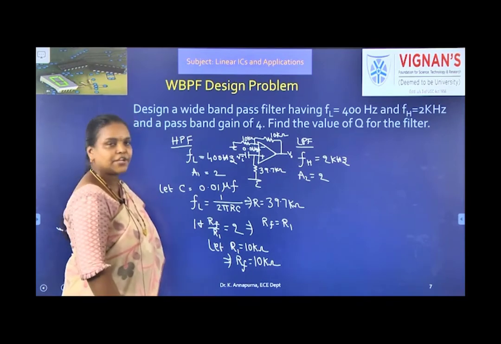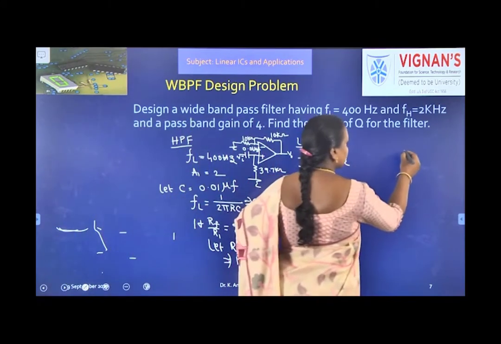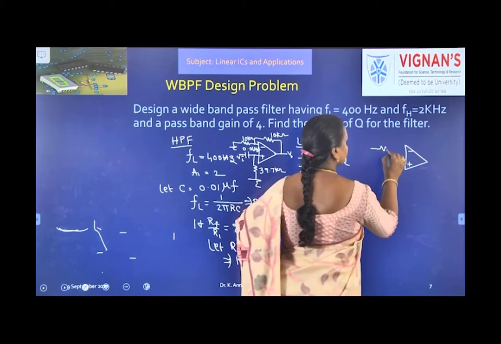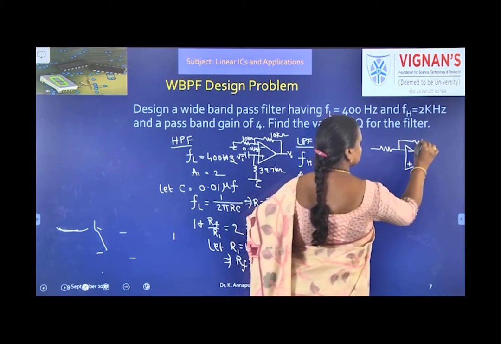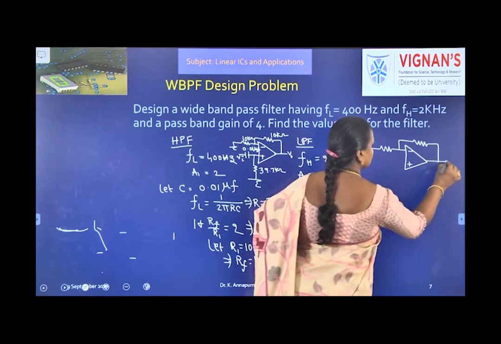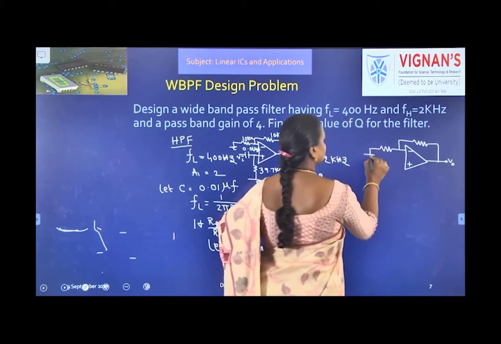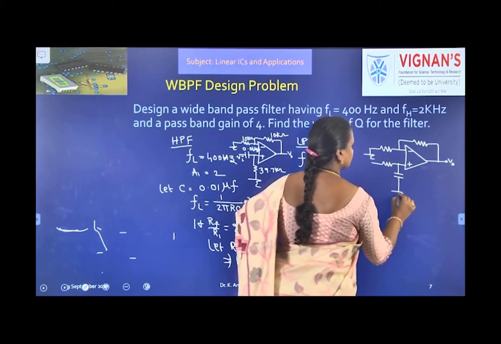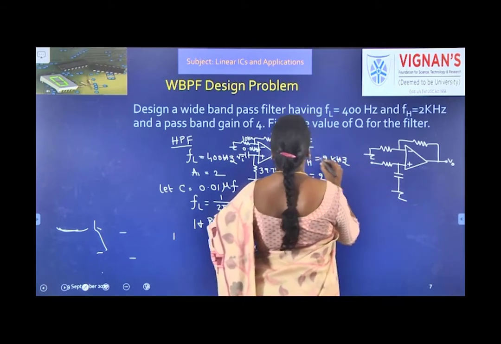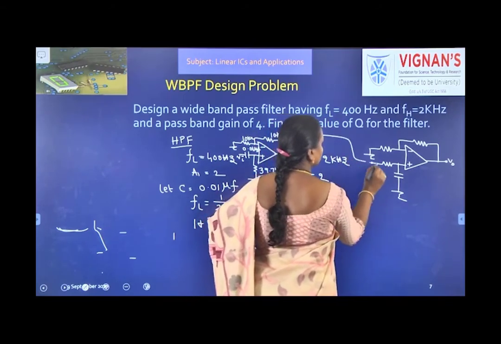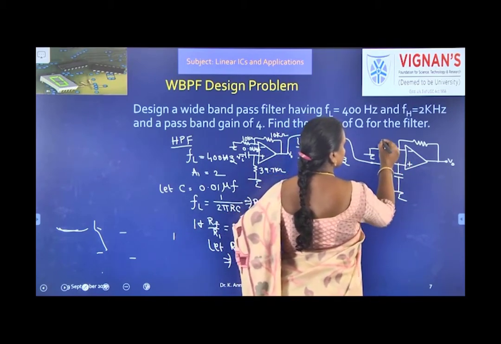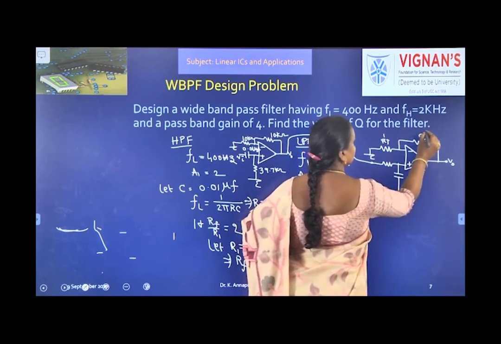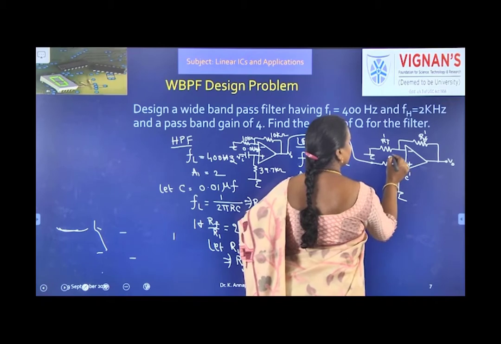Similarly, for low pass also we need to find the component values. So, first let us draw the low pass. So, R1 dash, RF dash, C dash, R dash we need to find.